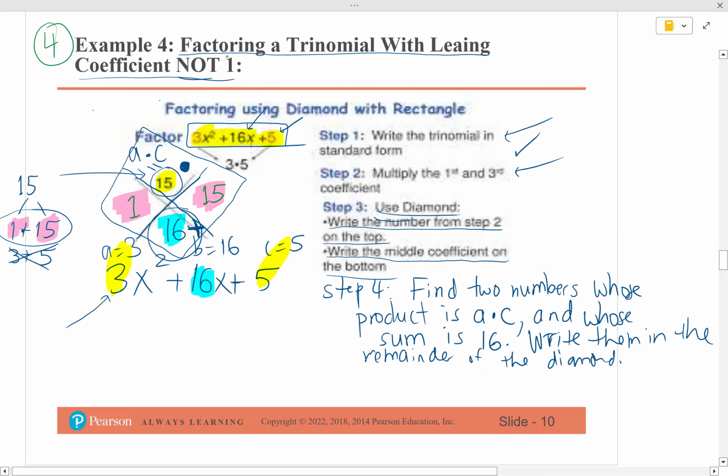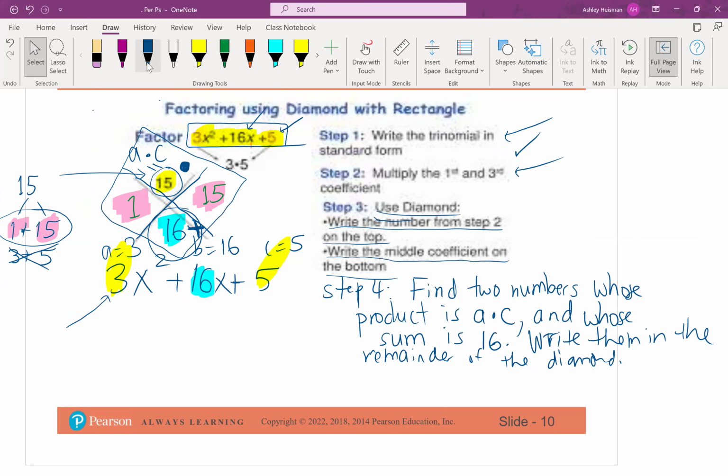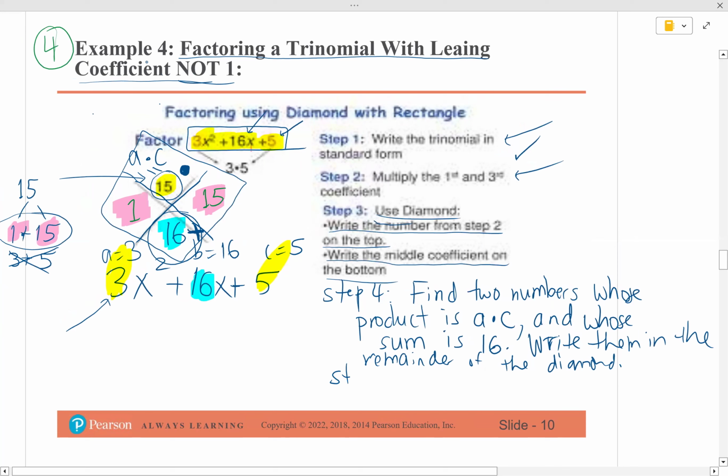Now this part is kind of the weird part to remember, but it's going to be okay. The way I'm going to write this sounds funny, but once we do it, hopefully it'll make more sense.